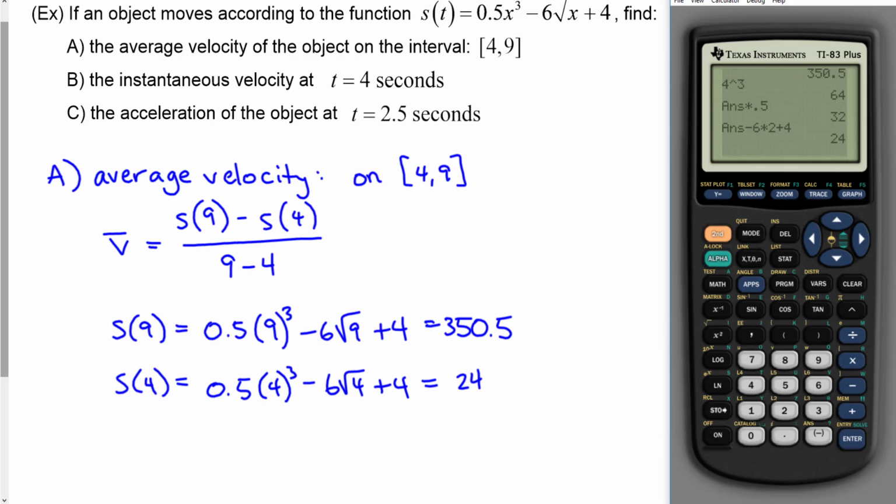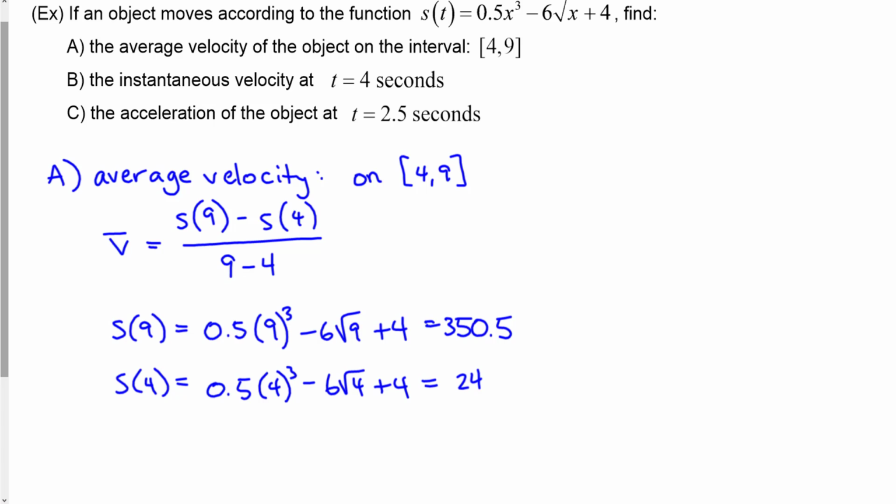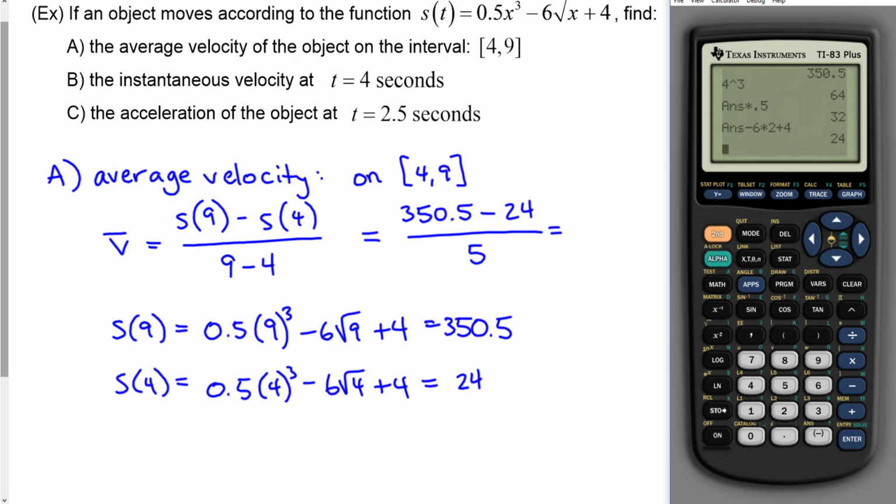Okay, now the average velocity is the value that we came up for s of 9, which is 350.5, minus s of 4, which was 24, divided by 9 minus 4, which is 5. And again, that's something that will be useful to do in the calculator.